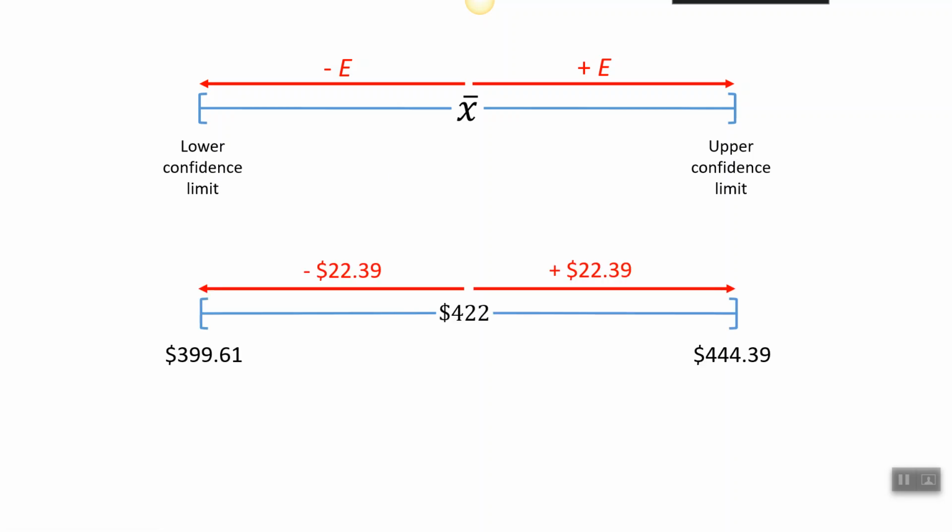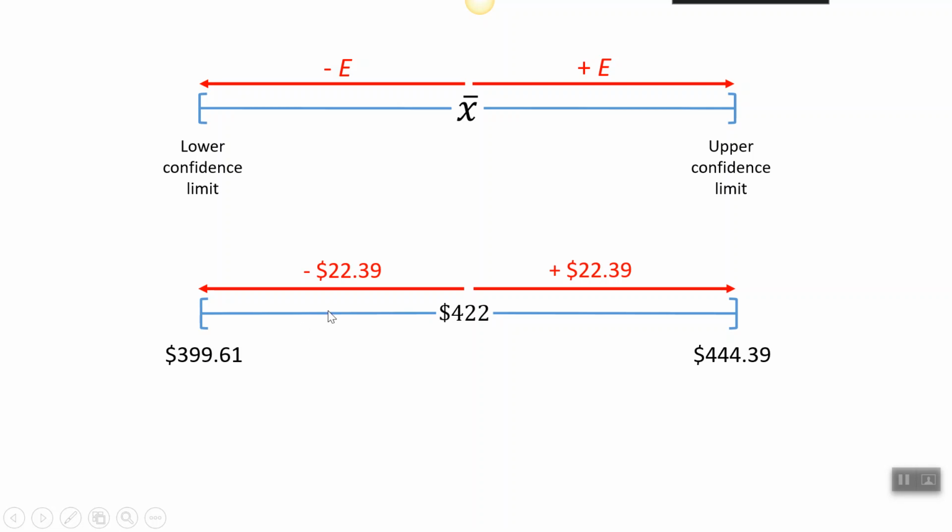So for our problem, I've inserted our information. There's 422 here in the middle. Our upper confidence limit, said StatCrunch, was $444.39, rounded to 2 decimals since it was money. Our lower confidence limit is $399.61.